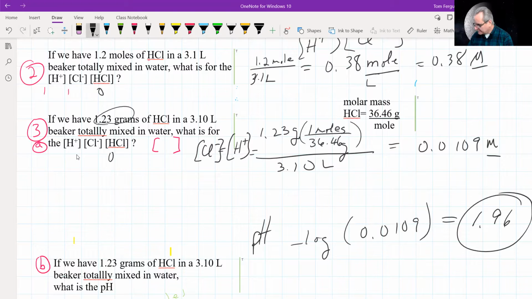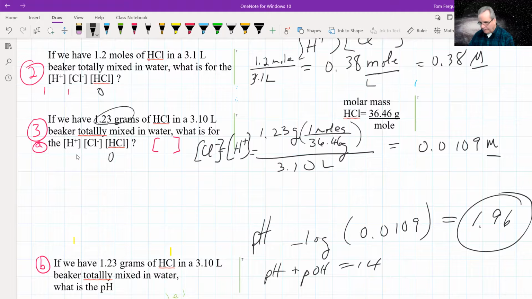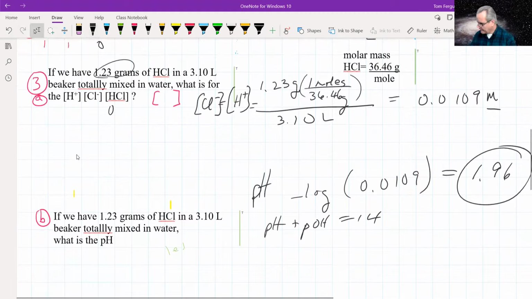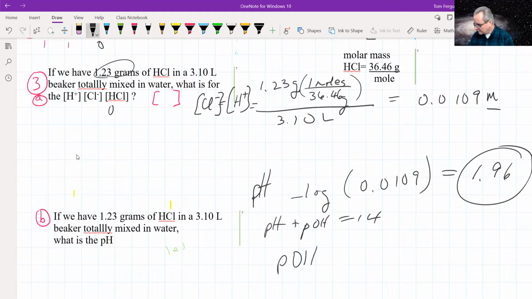So if we know the pH or the pOH, we can then calculate the other. So the pOH is 14 minus 1.96.